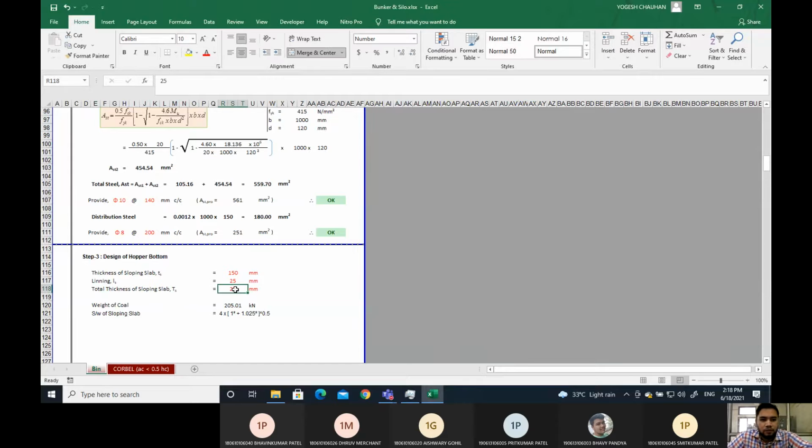So that will be, here we have to use certain colors. We are using red for the input, blue for auto calculated, and black fonts for calculated values.